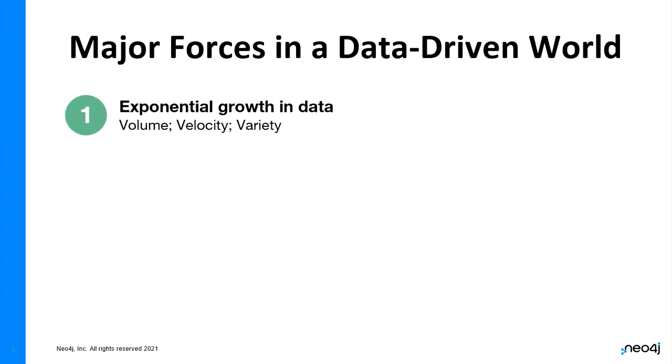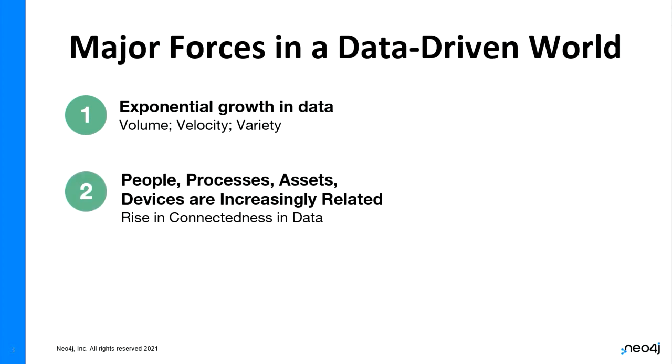So what are the major forces out there? We're all in the data world, and data is growing every day, exponentially. You've got variety, you've got velocity, you've got volume. There's this cliche out there that data is the new gold. So leveraging your data would seem to be something that could help you drive business value and create opportunities.